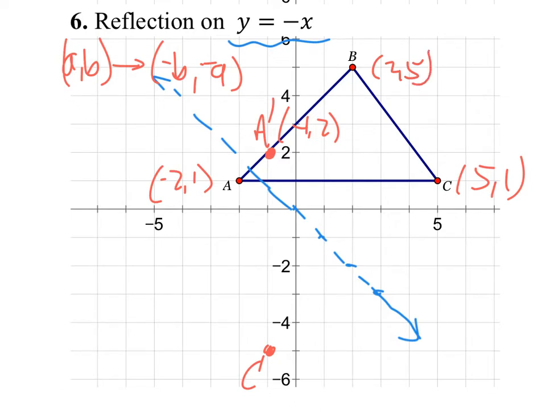So it's going to have 5 comma 2, but it's going to be negative 5, negative 2. Oops, that's negative 4, negative 2. So we're going to end up right here. And there's our reflection.